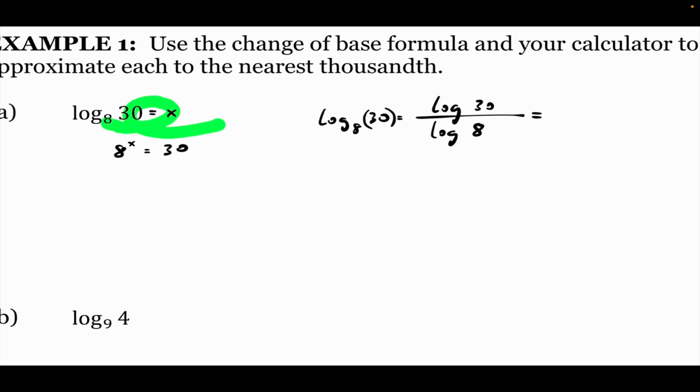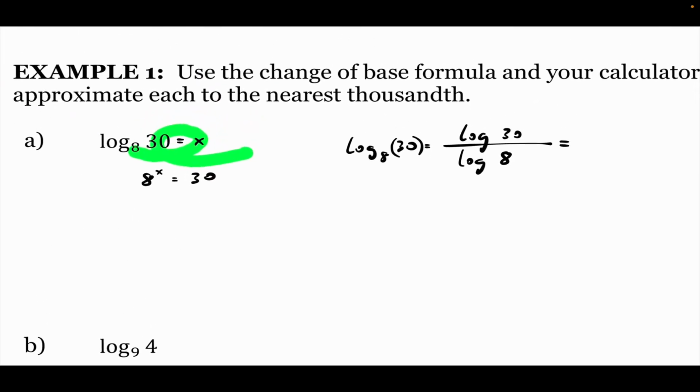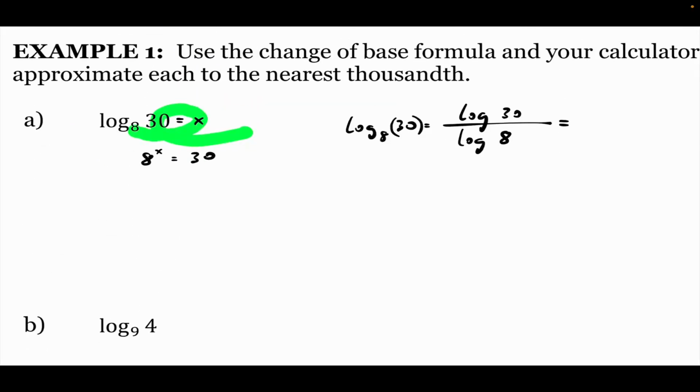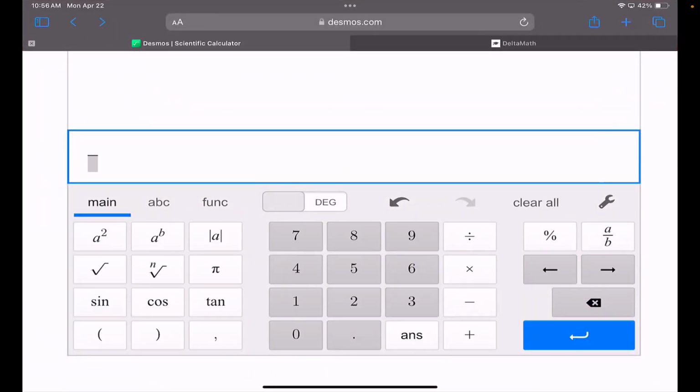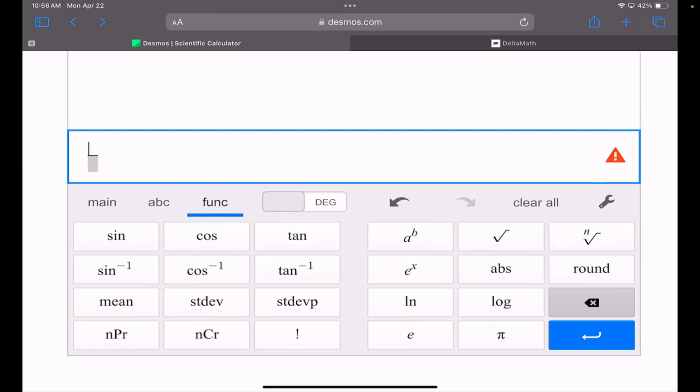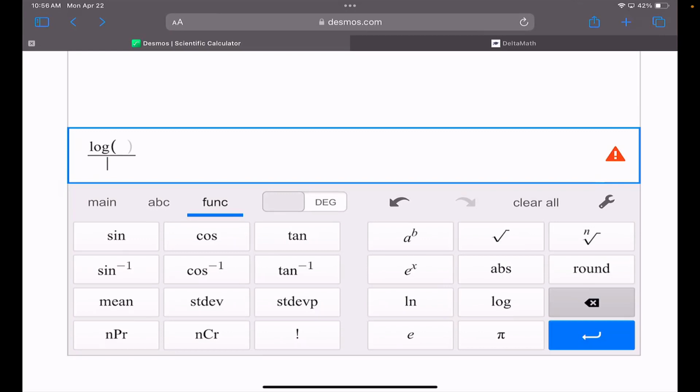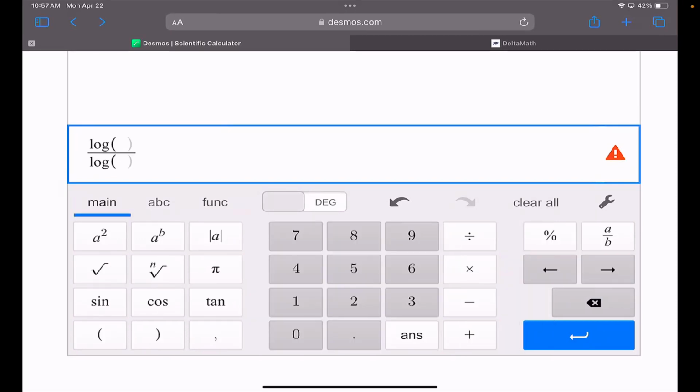You go to your calculator next. You say division. If you're using Delta Math or Photomath or Desmos, the log is under the function. You hit the LOG button. So on top, I want 30. On bottom, I want 8.